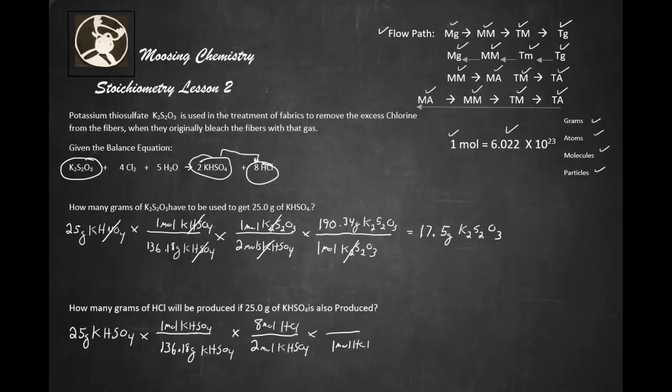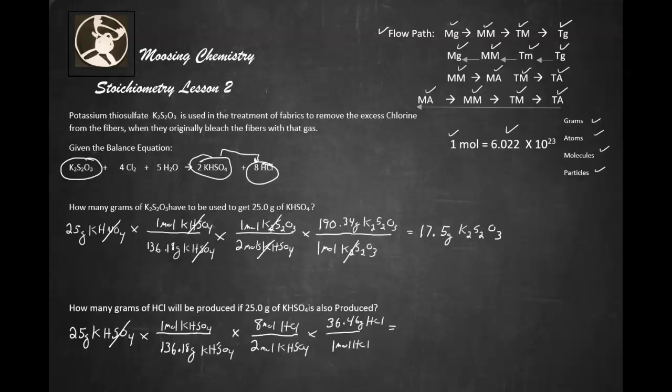And then we want to know the molar mass of HCl. And after you calculate that, you'll find that to be 36.46 grams of HCl.